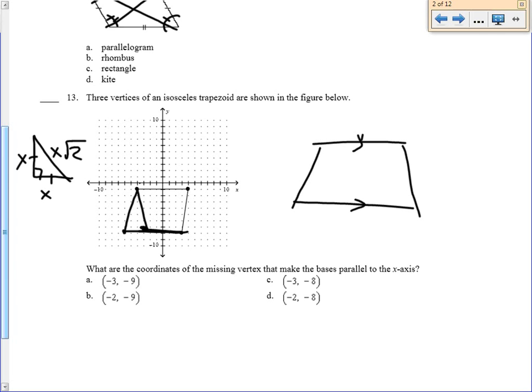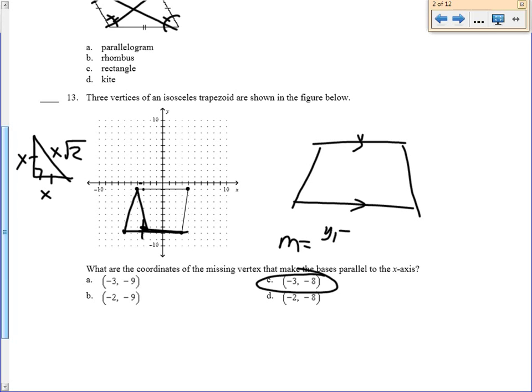So it looks like it's (-3, -9). Is it (-3, -9) or (-3, -8)? Okay, how will I test if it's (-3, -8)? Do the slope formula, or the distance formula. What do I know about parallel lines? Same slope, so I've got to check the slopes.